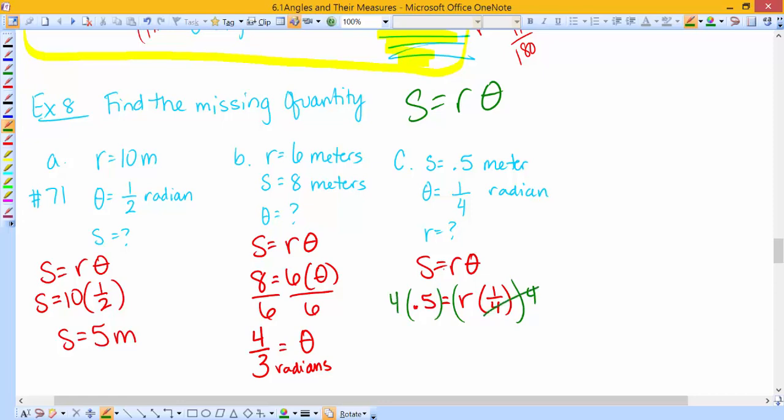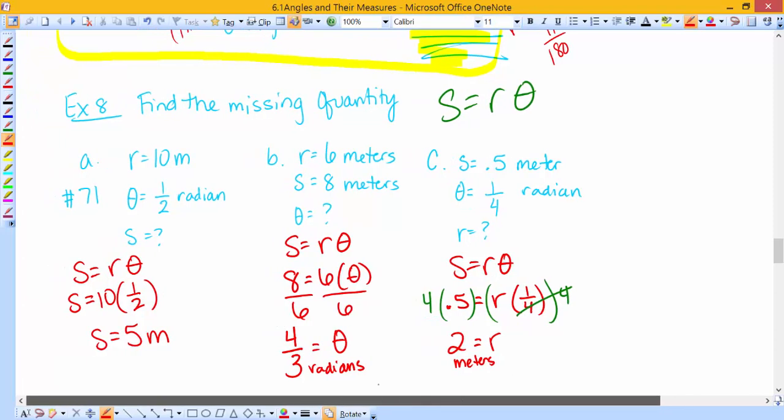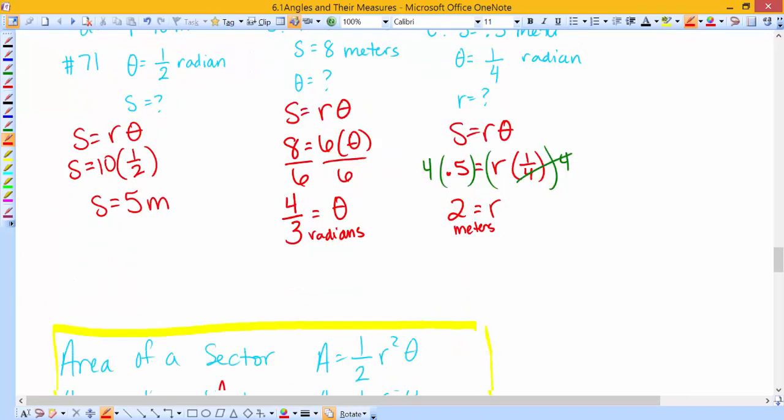So now I'm just going to multiply 4 times 0.5, and I end with 2. So my circle has a radius of 2 meters. I know it's meters because the arc length is 0.5 of a meter. So my radius is 2 meters. Very simple formula to use. And we're going to do more with this as we continue through these examples.